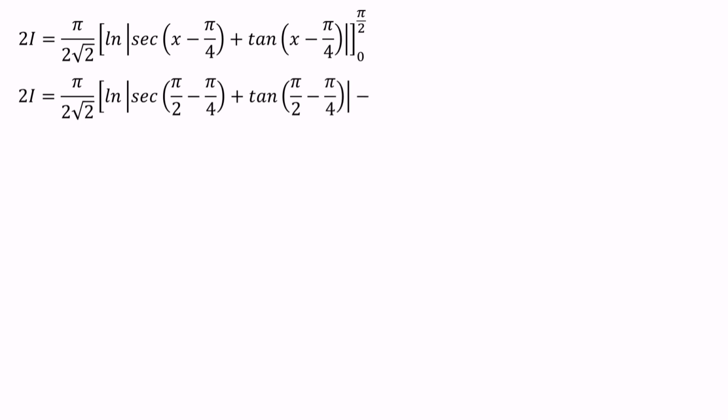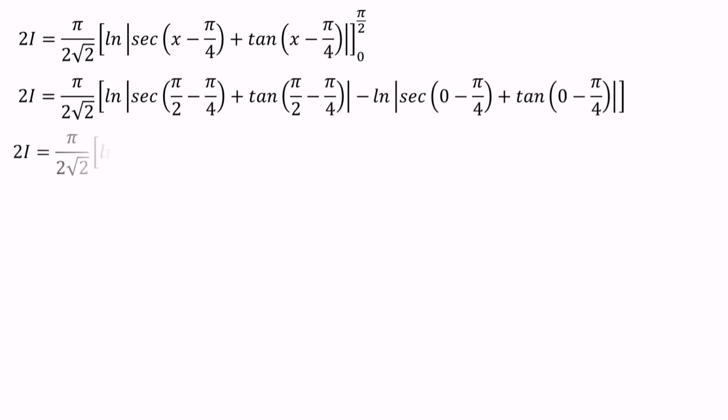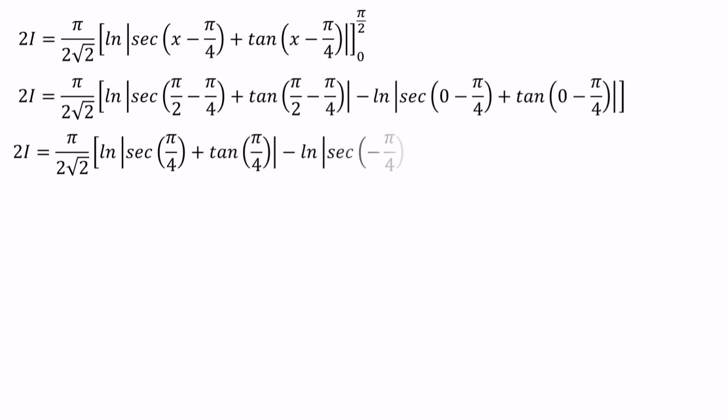Then we can write ln modulus sec(0 minus pi over 4) plus tan(0 minus pi over 4). We can simplify these values and get the result ln modulus sec pi over 4 plus tan pi over 4 minus ln modulus sec pi over 4 minus tan pi over 4.